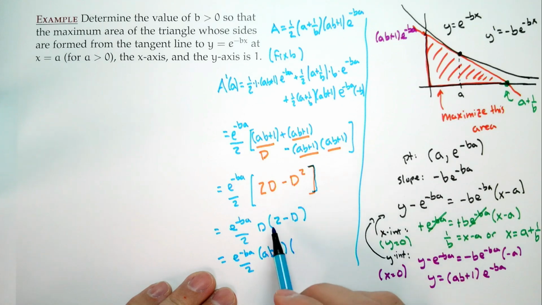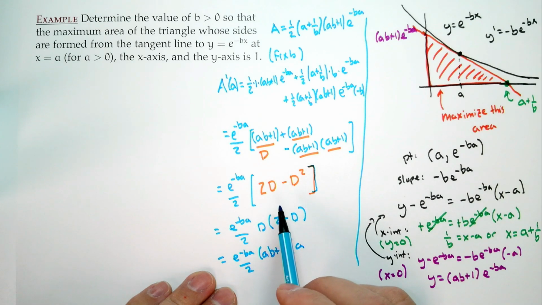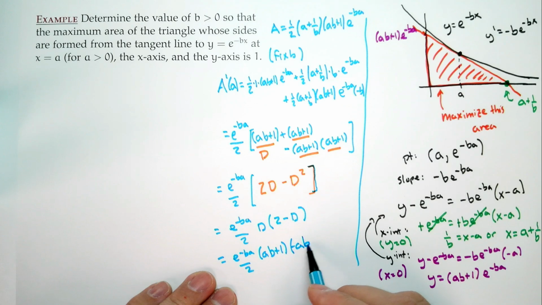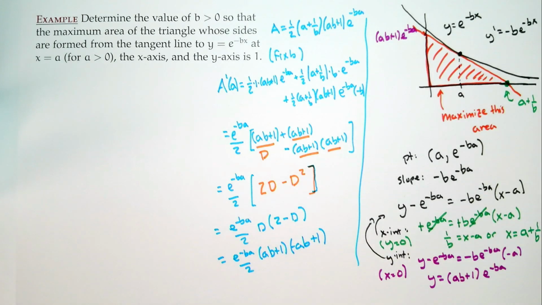And then 2 minus that, well, that's 2 minus ab plus 1. That's 2, it'll be negative ab plus 1. That's what it'll turn out to be. All right.